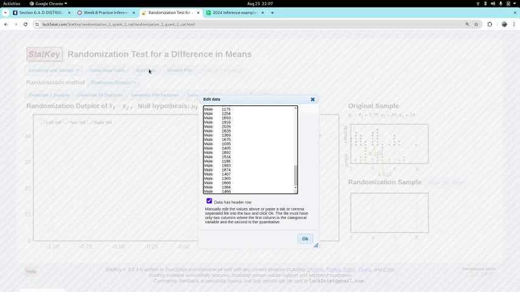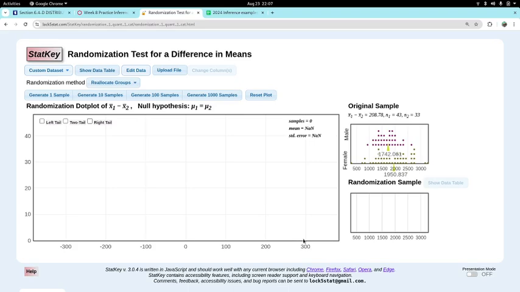And again, StatKey wants one column that is the qualitative variable, male versus female, and another column next to it, which is the quantitative value that I'm trying to compare. And I do have a header row. And run it. And so I should see that I get a similar difference in means, 208.78, 43 in the first population, 33 in the second.